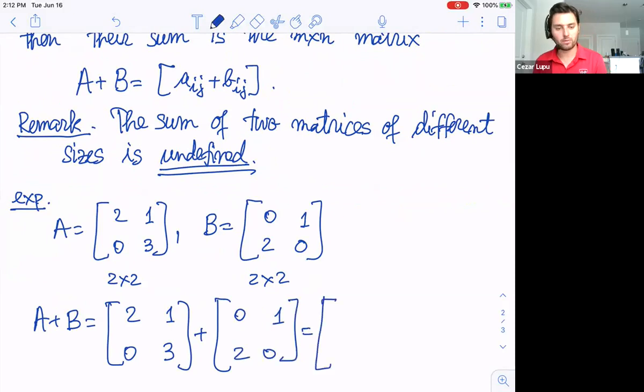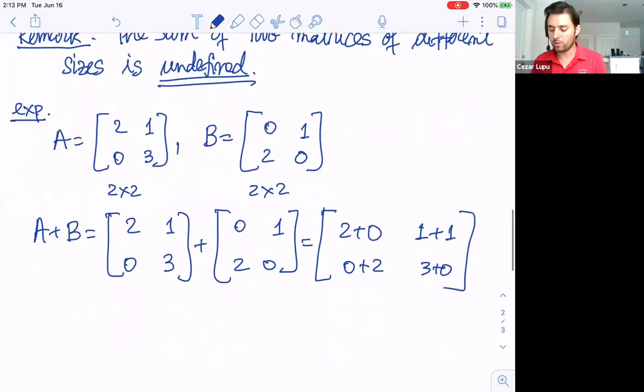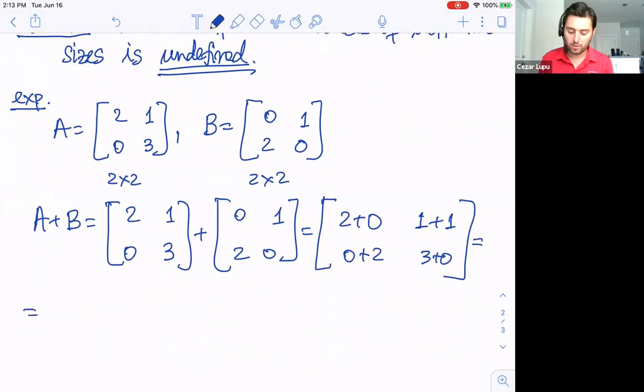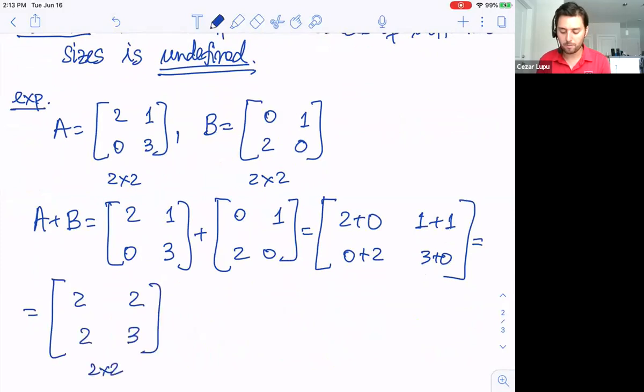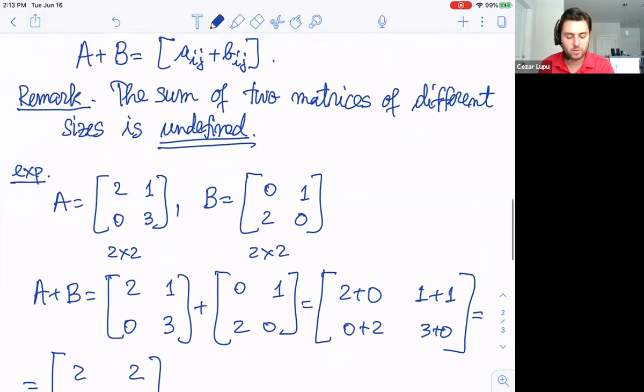The first element in the first row with the first element in the first row of the second matrix. So we'll have 2 plus 0, 1 plus 1, 0 plus 2, and 3 plus 0, which will give us again a 2 by 2 matrix, which will be 2, 2, 2, 3. And this is how you add matrices of all sizes. So this is how you add two matrices.